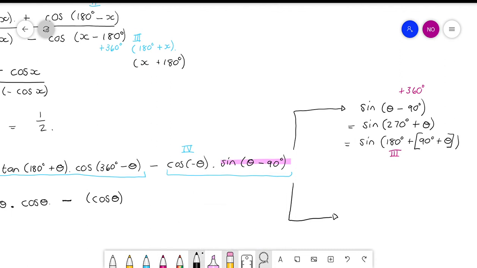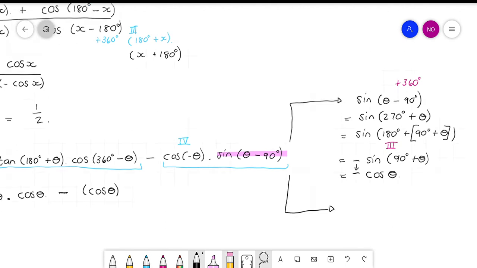Negative. So this is going to be negative sine. Then we can throw away the 180 plus, and we're just left with that in the square brackets. So 180 plus 90 is 270. So I just split it up. And then from there, it's easy. 90 plus means sine becomes cos. This minus I carry from there, so it's negative cos theta. Okay, so that's the one way to do it.